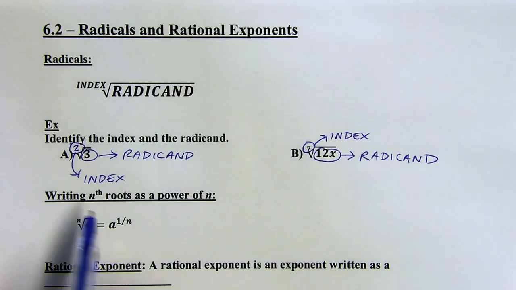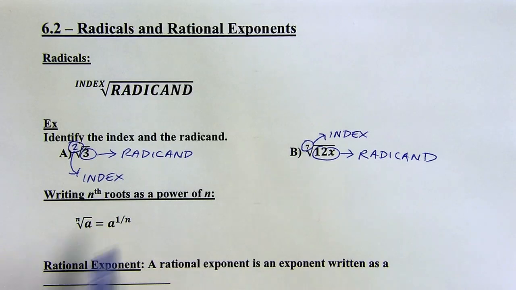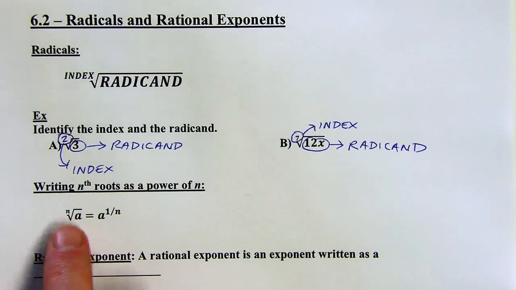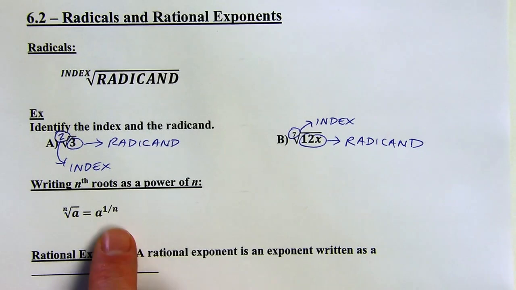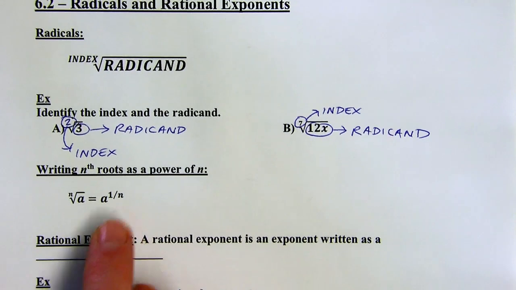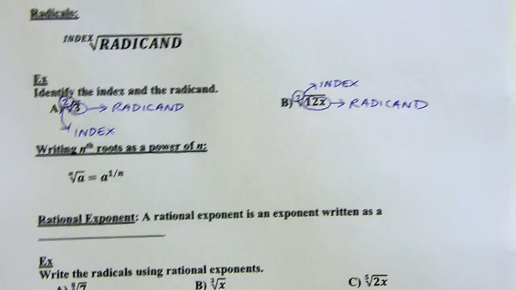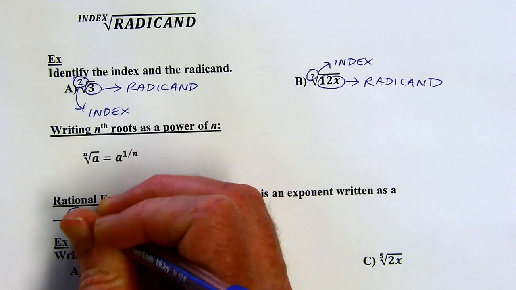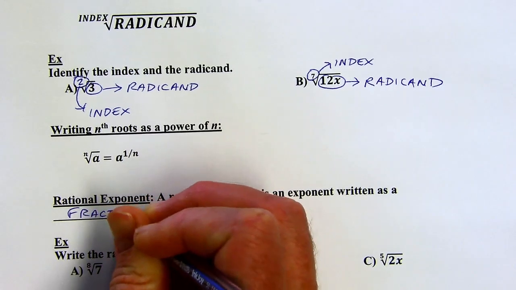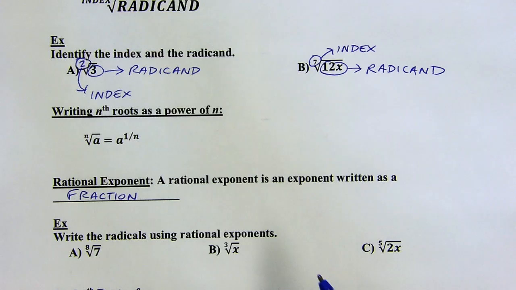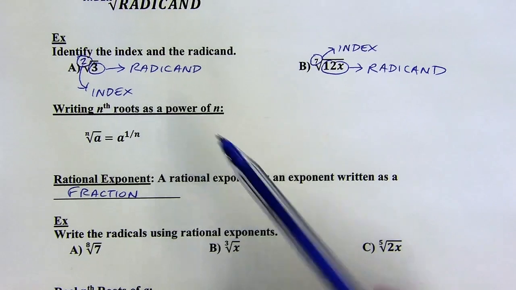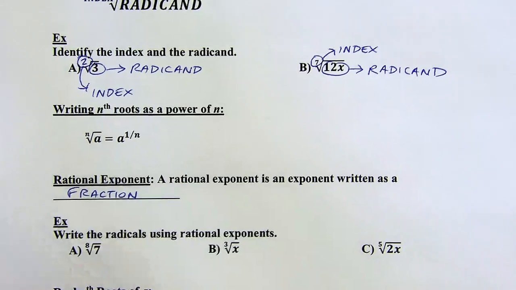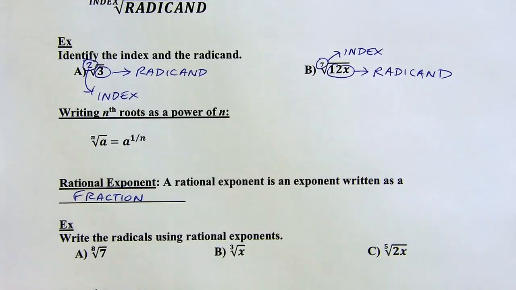All right, let's write nth roots as a power of n. So here we have an nth root of a, and that can be written as a to the 1/nth, okay? A rational exponent is an exponent written as a fraction. So if you're asked to write a radical using a rational exponent, you're going to want to convert it into something raised to a fraction.